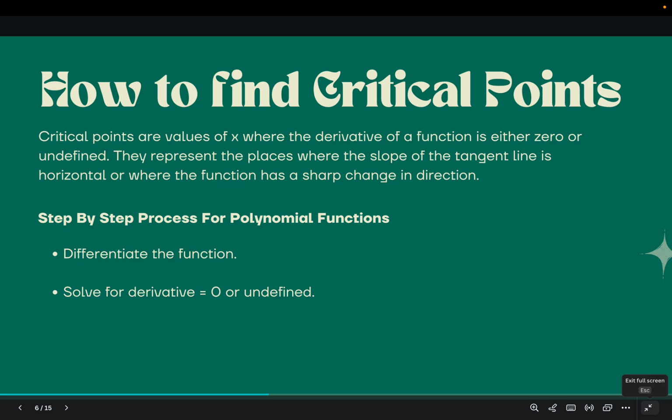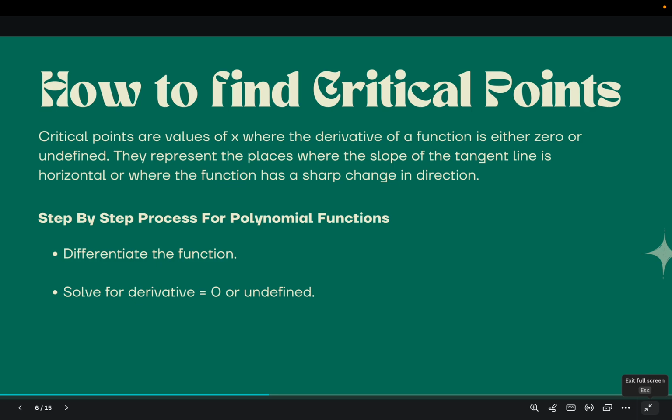So how do you usually find critical points? Well, it's quite easy. Critical points are values of x where the derivative of a function is either 0 or undefined. So basically, we just have to differentiate the function and set it equal to 0. They represent the places where the slope of the tangent line is horizontal or where the function has a sharp change in direction.